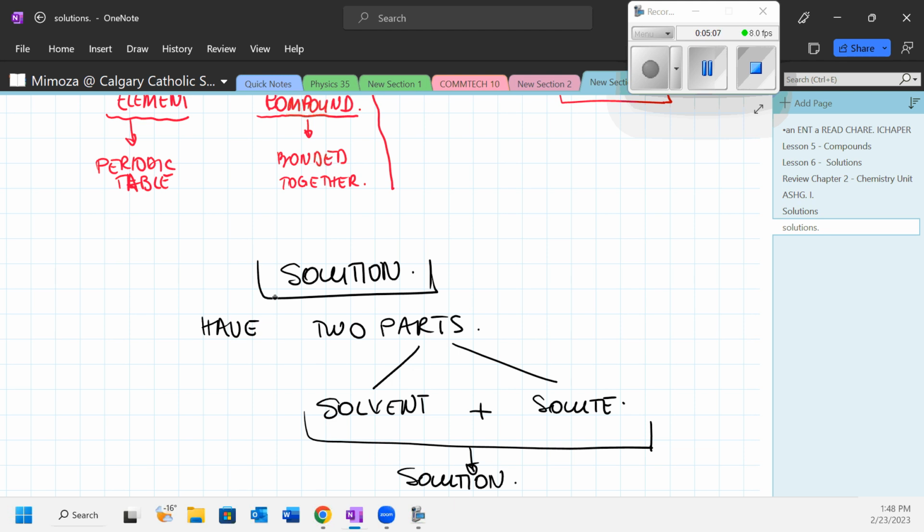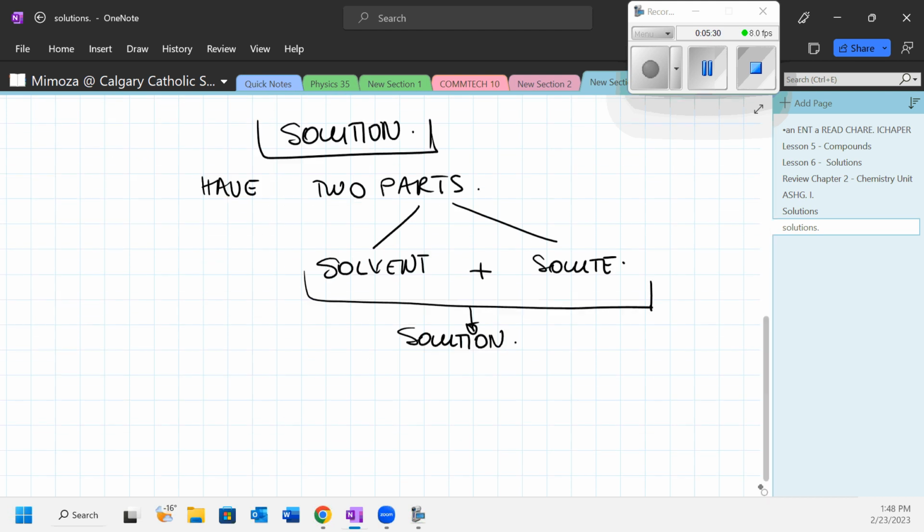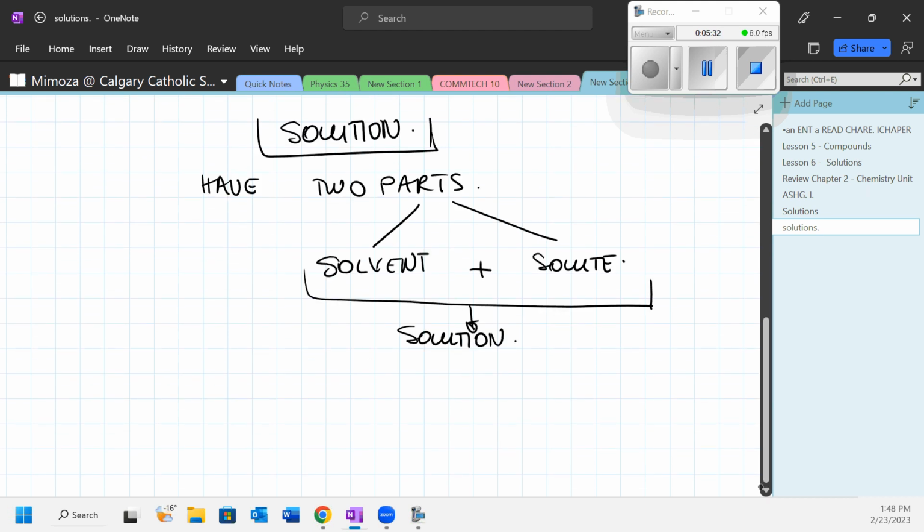So you can have, let's say, salt or sugar or concentrated fruits, like those frozen fruits that you can buy at Superstore or at any food store. And the best and most common solvent is water.